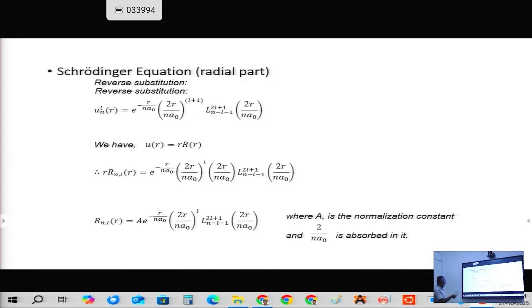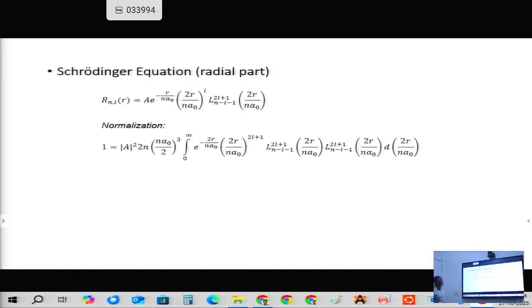So R n l of r is A into, because you need to normalize it again, e raised to minus r by n a0, times 2r by n a0 raised to l, times L with indices 2l plus 1 and n minus l minus 1, of 2r by n a0. If you normalize this, this is the normalization, as I said.